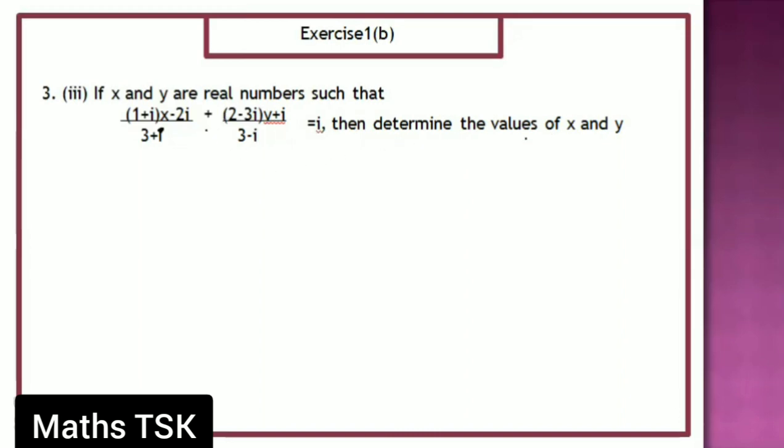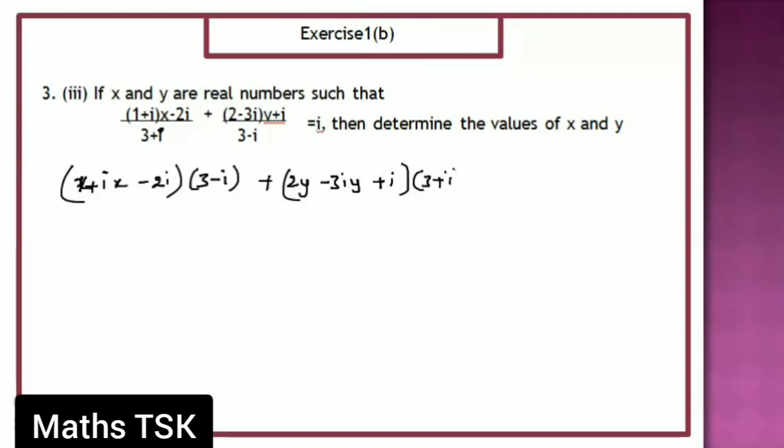First of all, I write like this: 1 plus i x, that is x plus ix, minus 2i into 3 minus i, plus 2y minus 3iy plus i into 3 plus i, by 9 plus 1, isn't it?